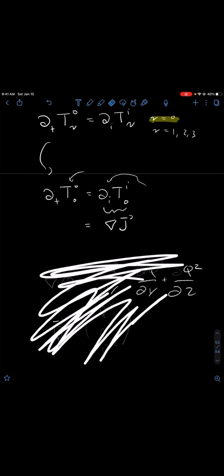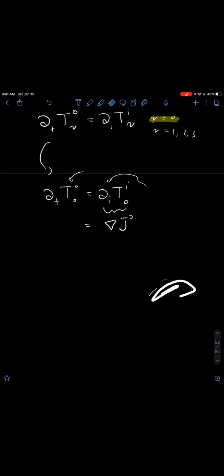So we can write partial t naught is equal to the divergence of some vector field j. And let's just move that a bit closer. All right. So what we can do now is integrate both sides.